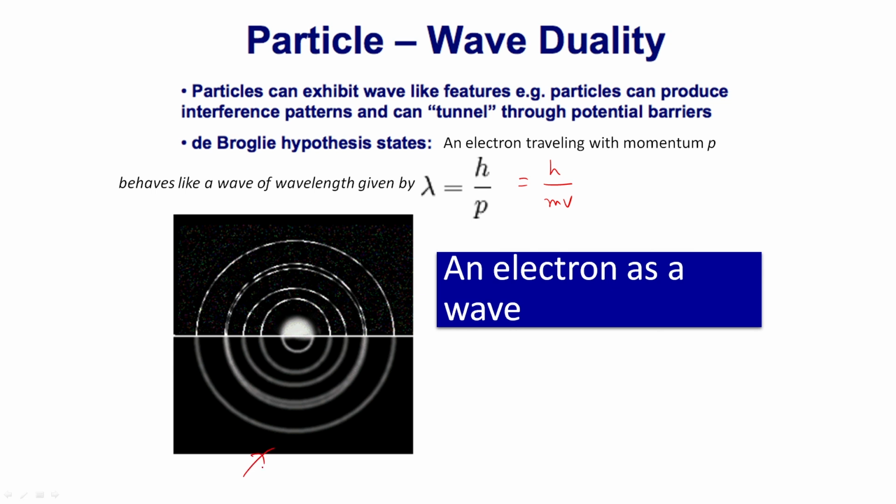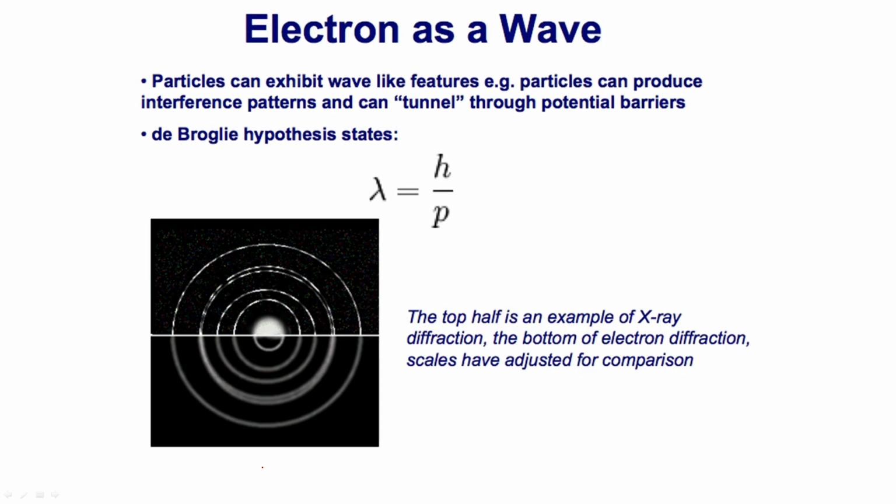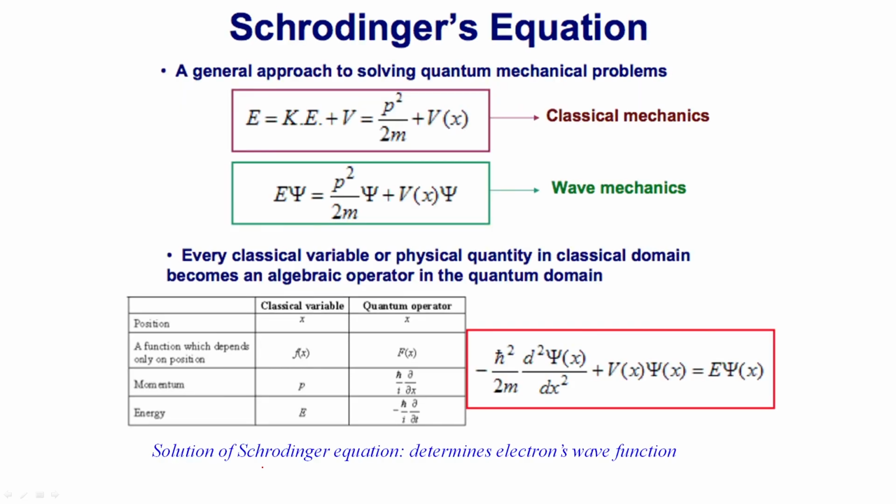This electron diffraction pattern is only possible because it produces interference, and interference leads to diffraction. So, therefore, electrons actually show both particle and wave behavior, and this can be explained using de Broglie's equation, the hypothesis. So, particles can exhibit features like producing interference patterns and tunneling through, but electron waves can show diffraction like X-ray diffraction, electron diffraction. This can only be explained using the de Broglie hypothesis.